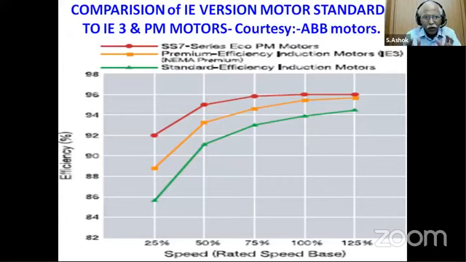Why are we going for a PM motor or an IE3 motor now? The efficiency curve is flatter and the part load efficiency is much better in IE3 and PM motors compared to the old, many times rewound, standard IE1 motors.